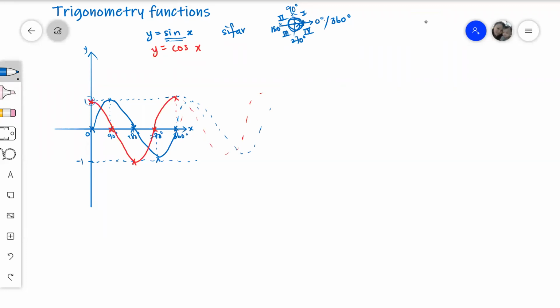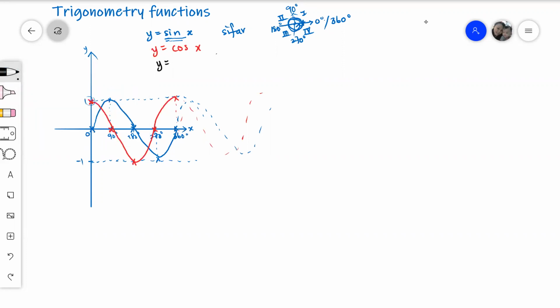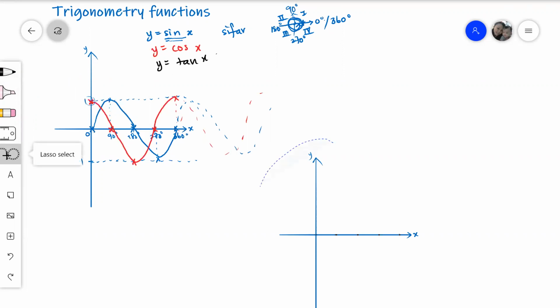Now, what about the tangent x graph, when we have y equals tangent x. Tangent x is equivalent to sine x over cos x. So we will have a different graph. Let's just draw it on a separate graph.